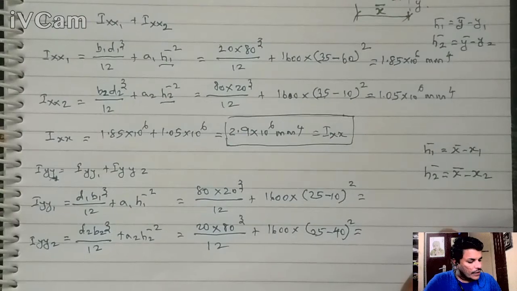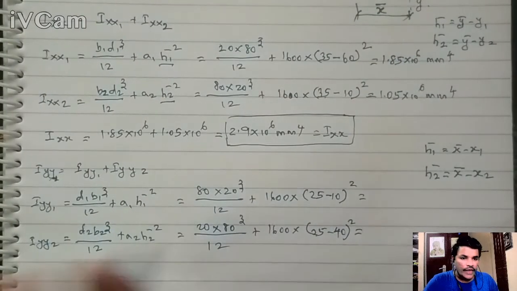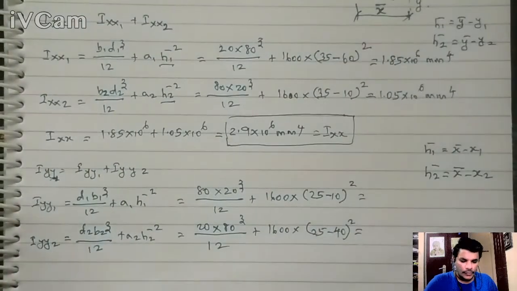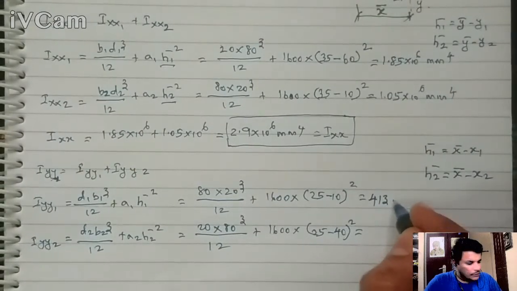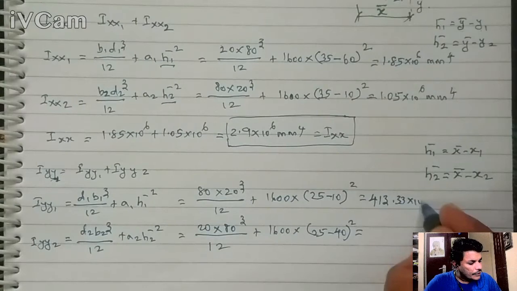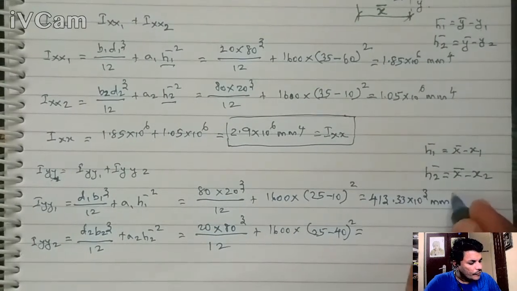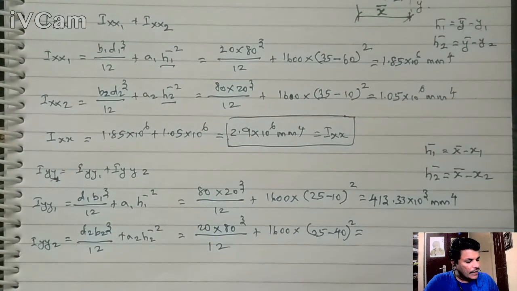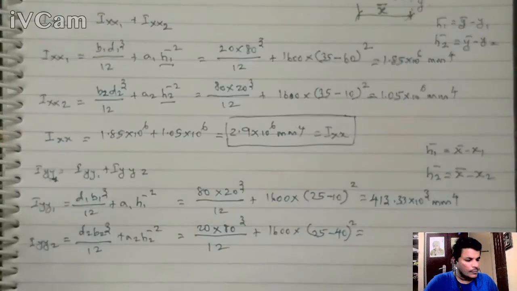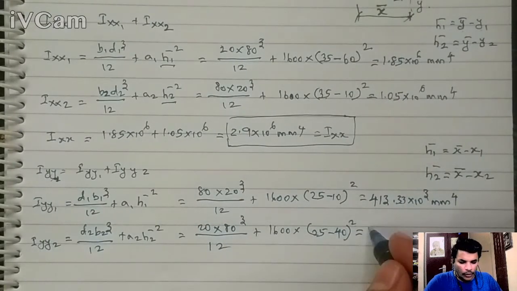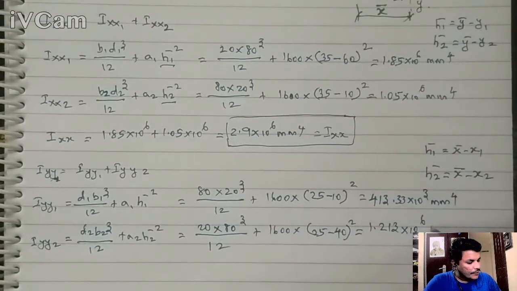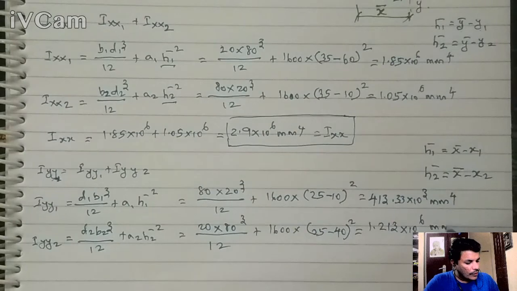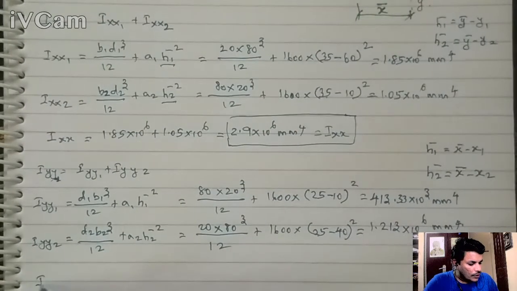okay, so now I am going to calculate the Iyy1 value. It comes 413.33 into 10 power 3 mm power 4. Similarly, Iyy2 is 1.213 into 10 power 6 mm power 4. Now I need to sum up Iyy1 and Iyy2.